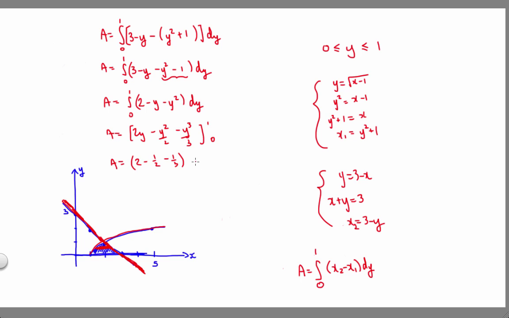So that's our value at 1, and then we subtract off the value at 0, which is 0. So our area then, if we put everything over 3, is 6 over 3 minus 1 over 3. Final answer, area is equal to 5 over 3. And if we look down at our sketch here, that seems like a perfectly reasonable answer.